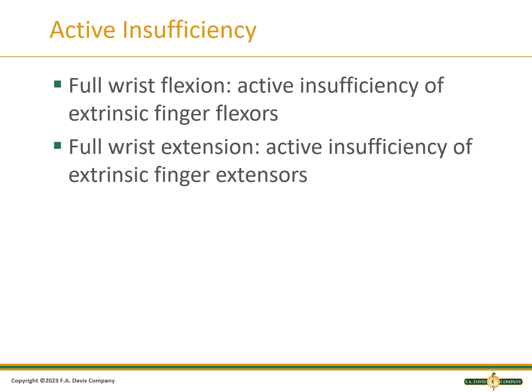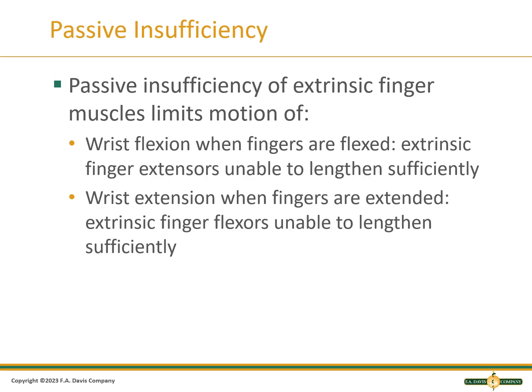So if I take my wrist and I flex it all the way forward and try to squeeze my fingers into flexion, I don't have as much force that I can generate as if I put my wrist back to neutral and try to squeeze those fingers. And we can play with the handheld dynamometer in class to see the impacts of that. For full wrist extension, I have active insufficiency of the extrinsic finger extensors, and that's part of why it's harder to straighten my fingers out when I put my wrist in an extended position.